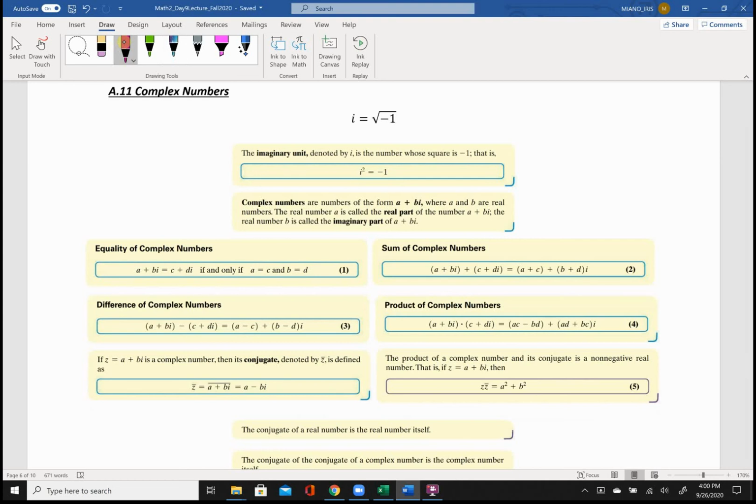So here are your real numbers, and here are your strictly imaginary numbers. Notice how they're disjoint sets. If you take them all together, they make up the complex numbers.